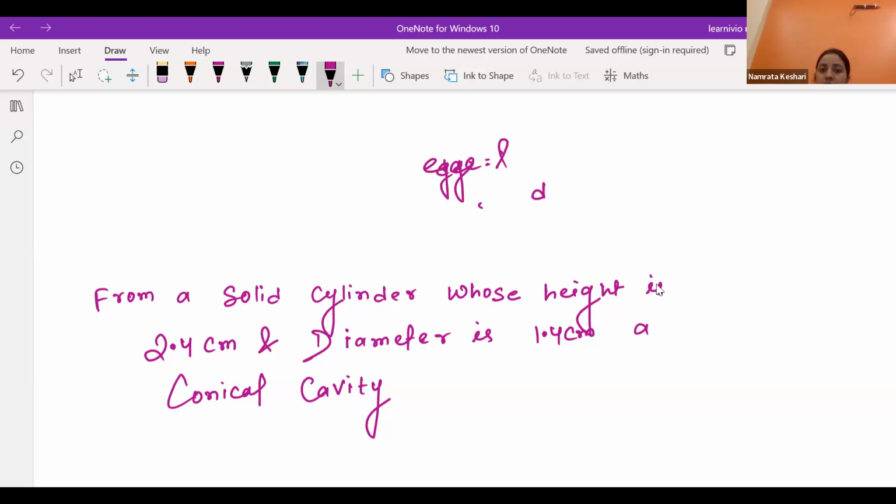And the radius will be L by 2. Each side of the cube is L and the radius will be L by 2 because the diameter is L, right? Yeah. Okay. So A will equal L. Yeah, the side is L.